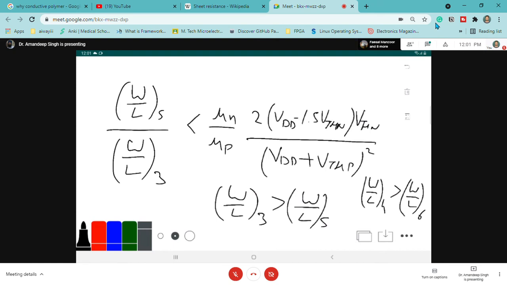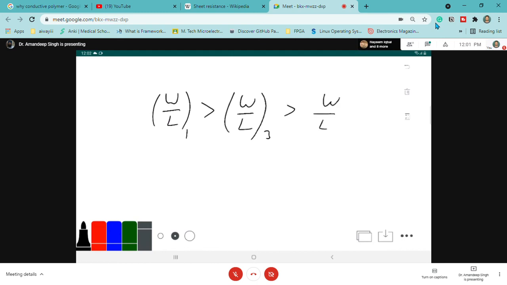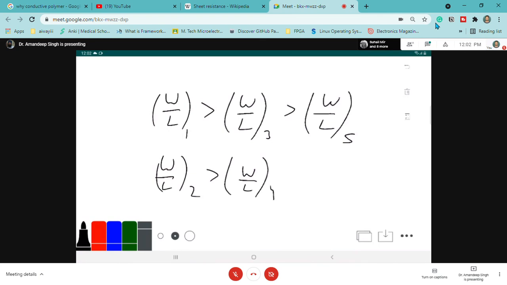So in general, we can write that W by L ratio of 1 should be greater than W by L ratio of 3, and it will be greater than W by L ratio of 5. Similarly, W by L ratio of 2 is greater than W by L ratio of 4, which is greater than W by L ratio of 6.